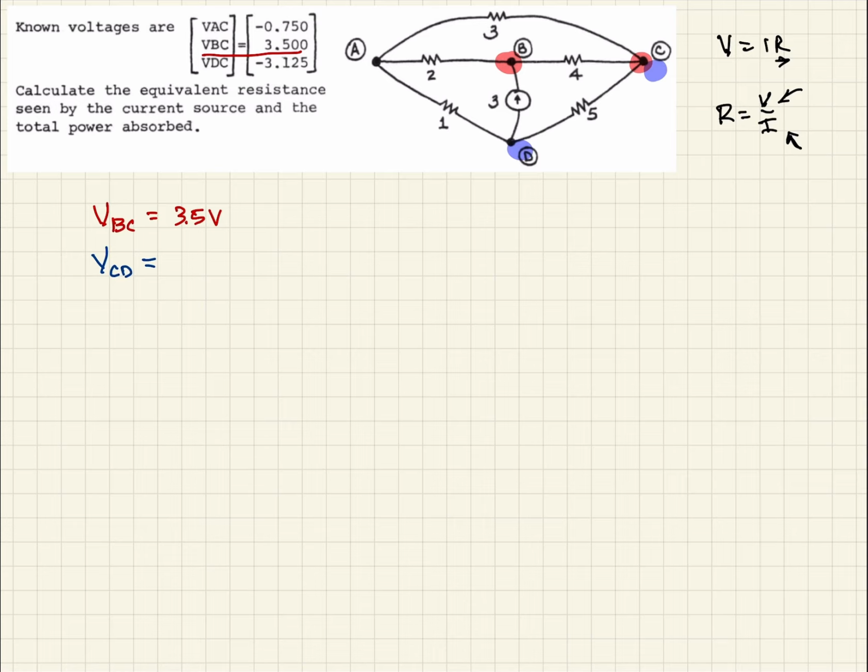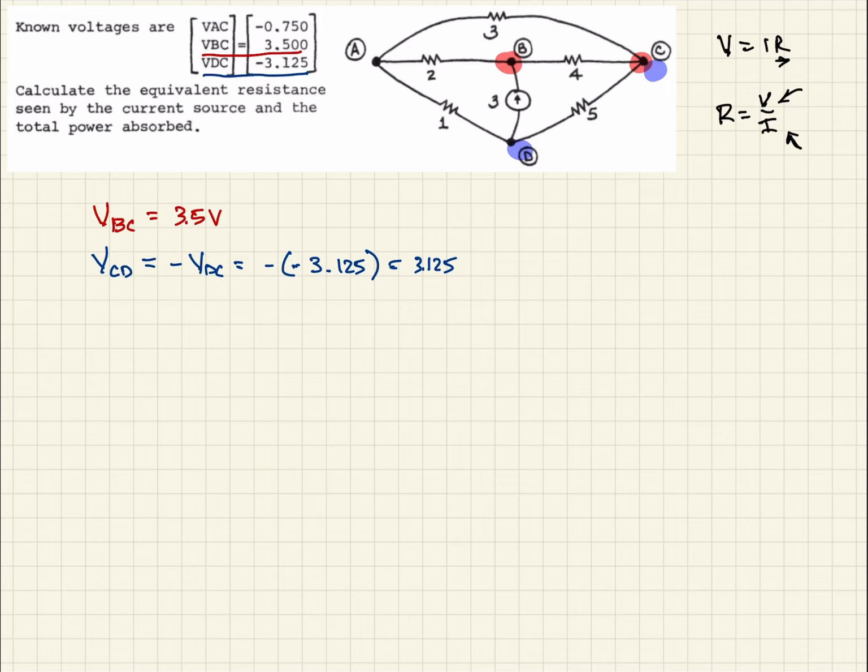Well, we don't have VCD, but we have VDC. So in that case, it should be the minus of that, which should be equal to minus 3.125, or just 3.125. Okay.